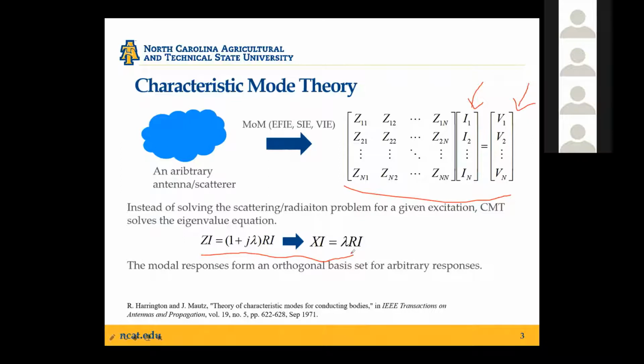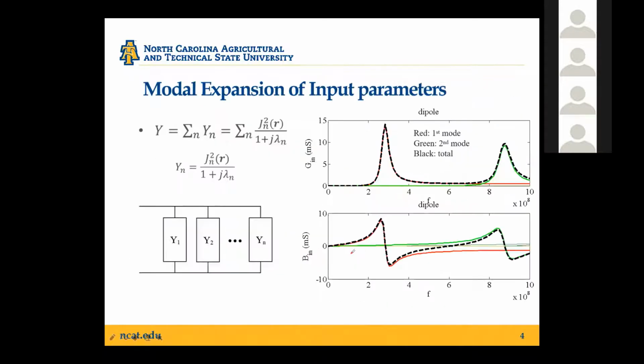So it saves you a lot of effort. Instead of repeating your simulation for different excitations, you can now reconstruct the response for arbitrary excitations based on the modal basis.